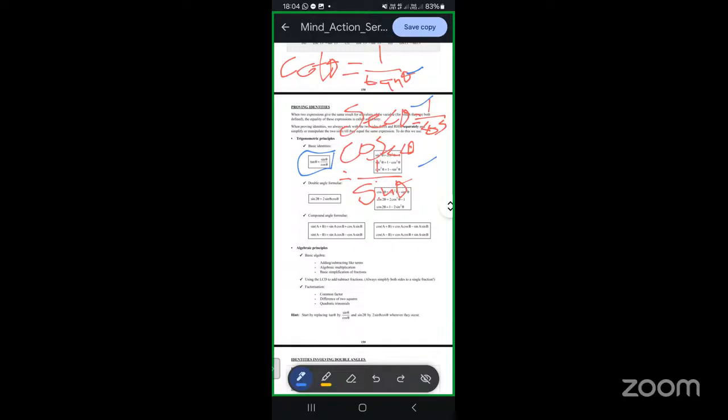Then you might forget: if it's cot, do I change to cos or tan? So this is how you're going to look at it. I said to you, you look at the third letter of the ratio. So in this ratio, the third letter is T. So yes, you're going to change to the normal trigonometric ratio that starts with T, which is the tangent.